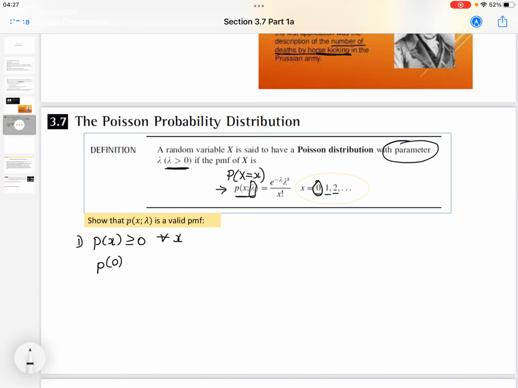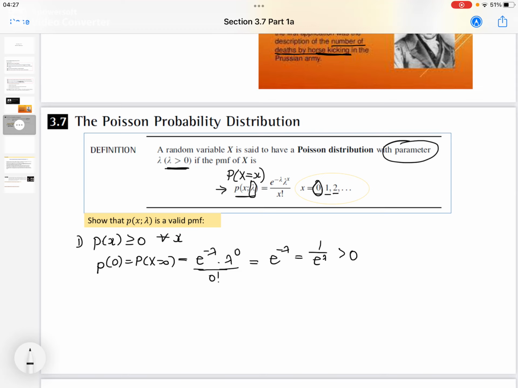So p_0, which is the probability that x is equal to 0, is equal to e to the power minus lambda times lambda to the power 0, all divided by 0 factorial. And that is just equal to e to the power minus lambda, and that is 1 divided by e to the power lambda. That is greater than 0.